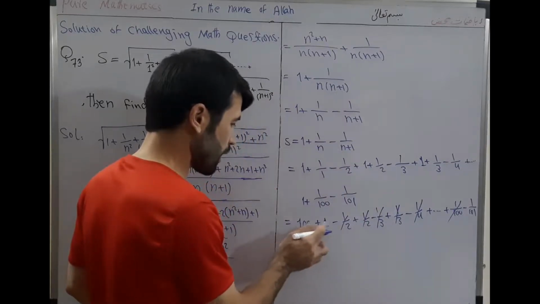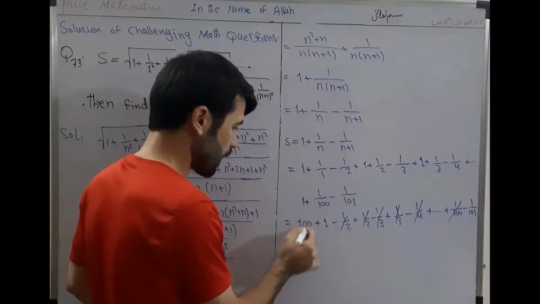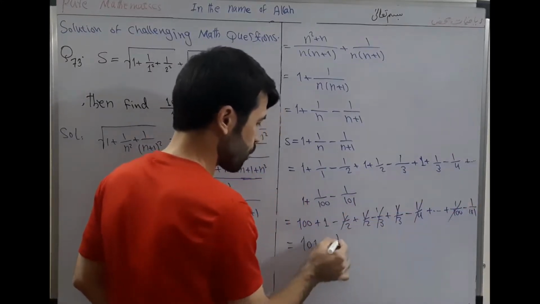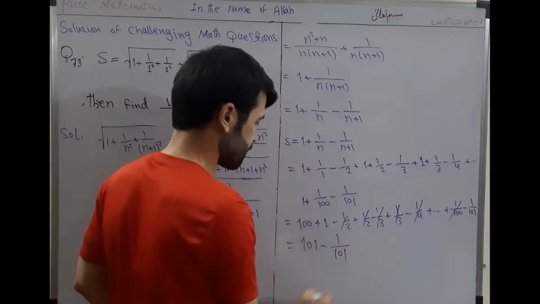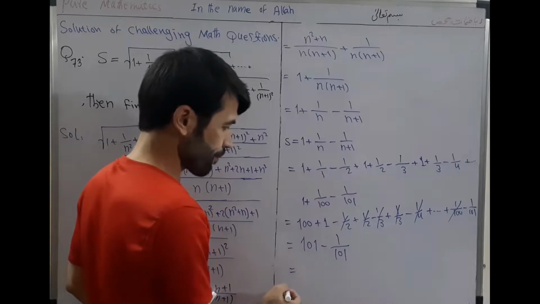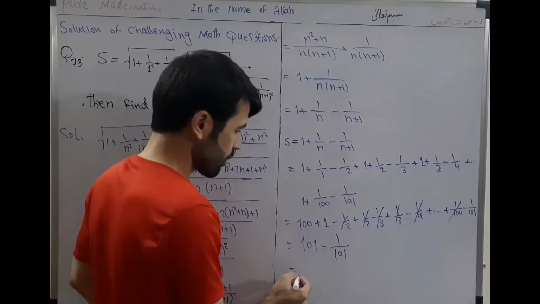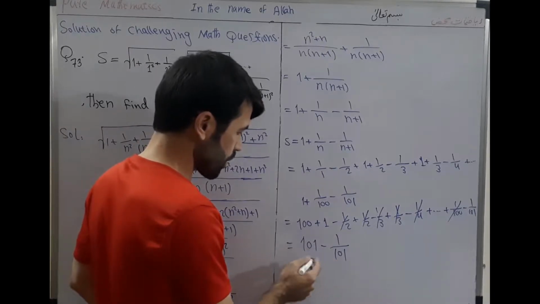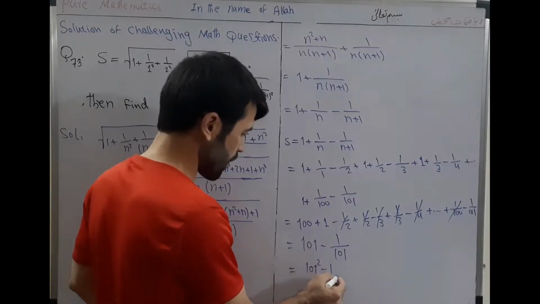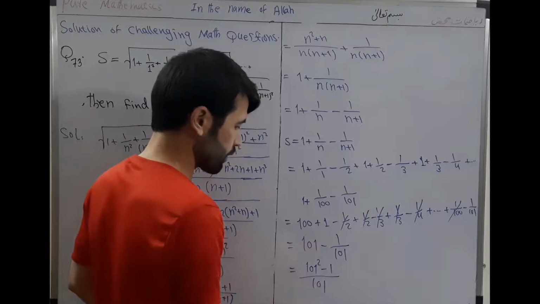Then we get 101 minus 1 over 101. Here we simplify this expression. We get 101 whole square minus 1 over 101.